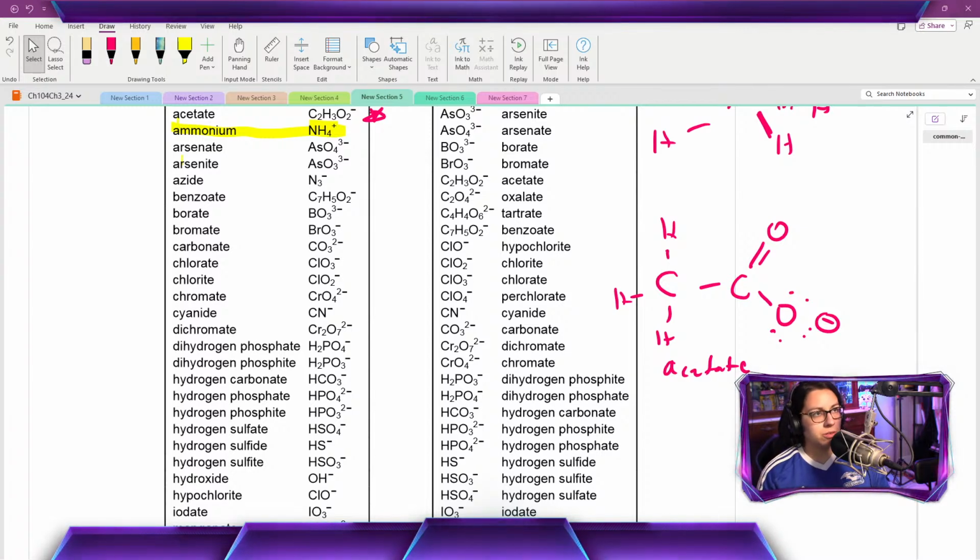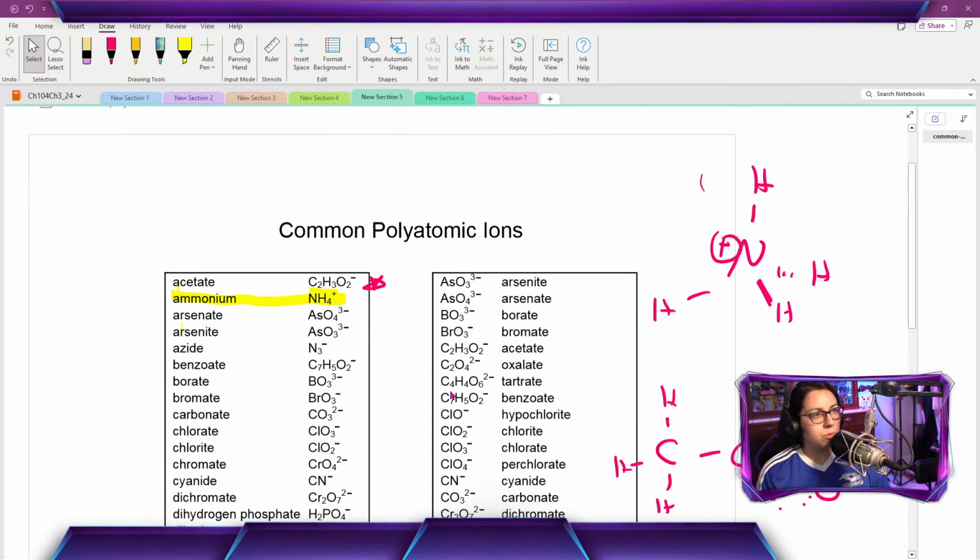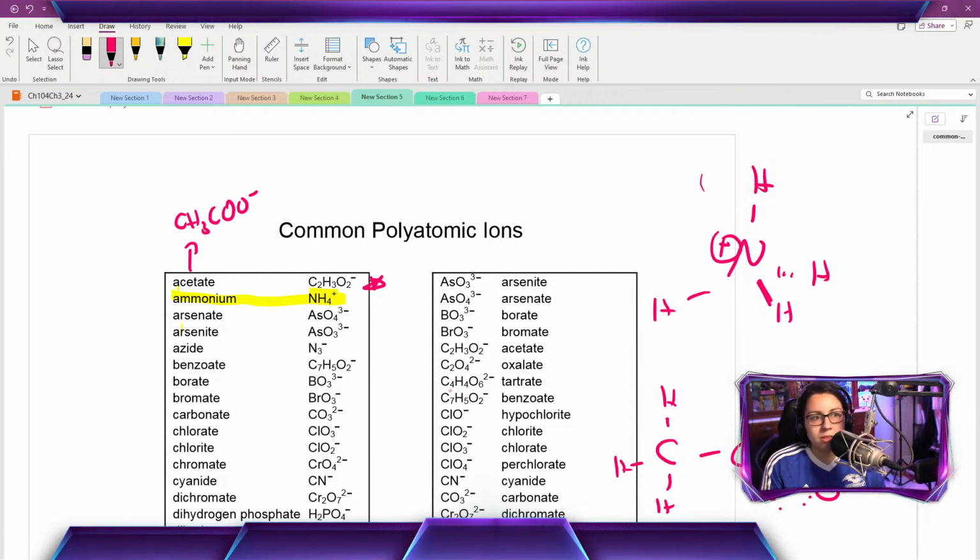So sometimes you see acetate written out as CH3COO negative. So just watch for that. That's a weird one. And this one's trying to show its structure more, and this one's just the simple formula.